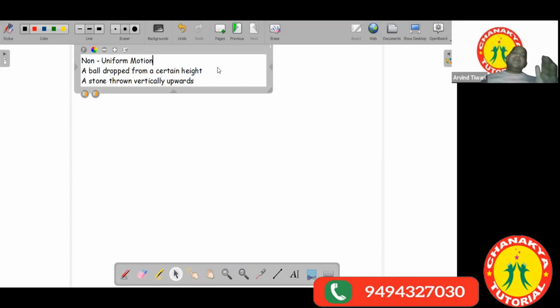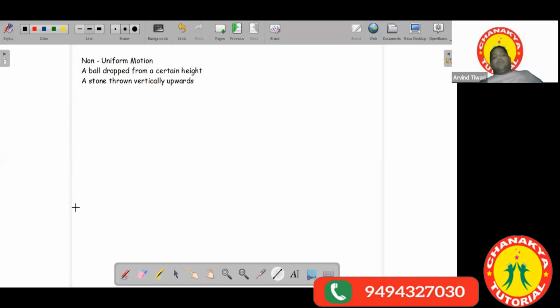But here I will be talking about something special about this ball and the stone. Okay, see, if the ball is being dropped, there is a difference between a ball being dropped and a car traveling. What was the difference? Here we have a ball which is dropped from a certain height.